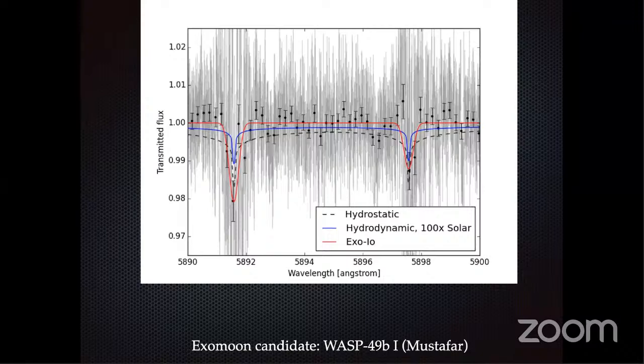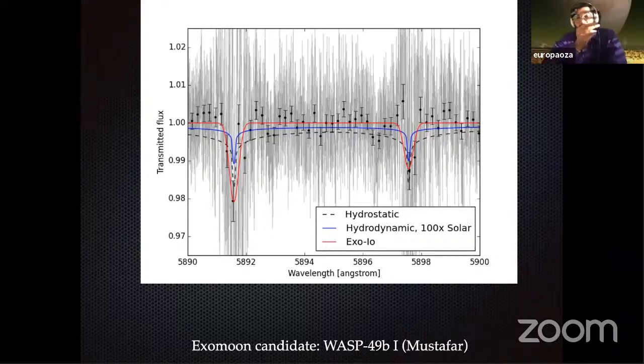I have a quick question about this particular figure, actually. So it looks like the points right before ingress and right after egress on both cases have a little more than what you'd expect. Is that real? So this isn't a time series, though. This is against wavelength, so it's not ingress and egress.